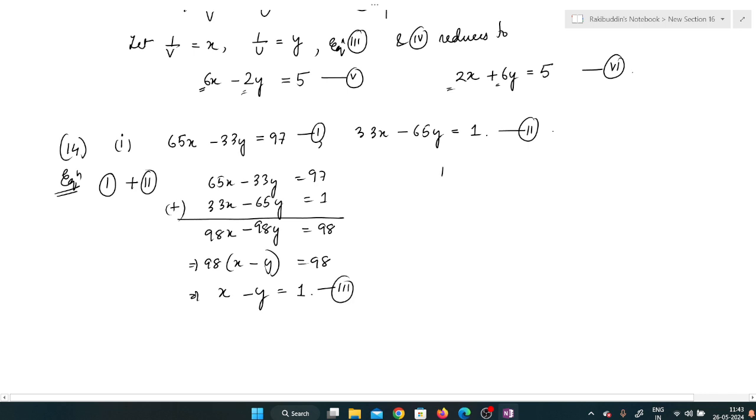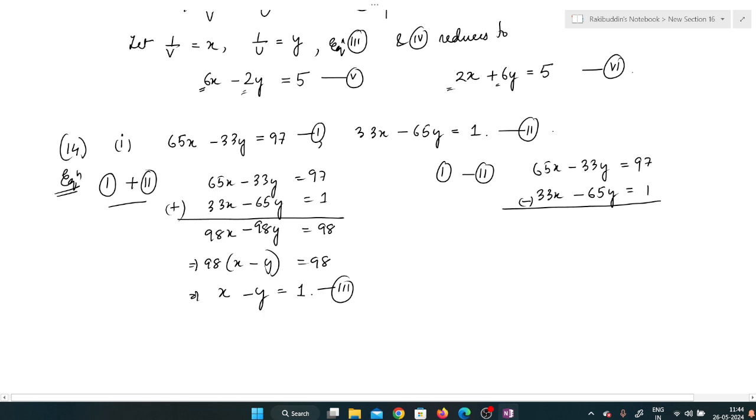Now we will subtract, 1 minus 2. So 65x minus 33y is equal to 97, and 33x minus 65y is equal to 1. Now we are subtracting, so the signs change. Negative becomes positive and positive becomes negative.